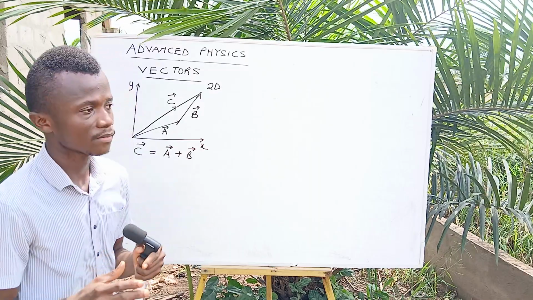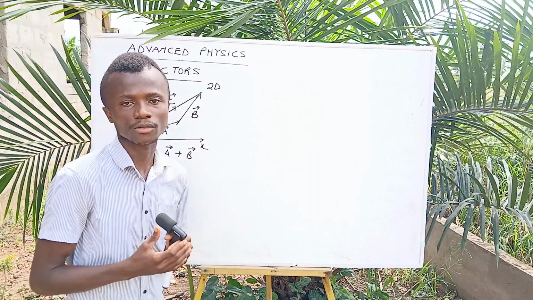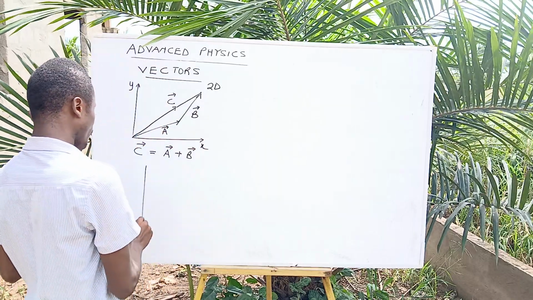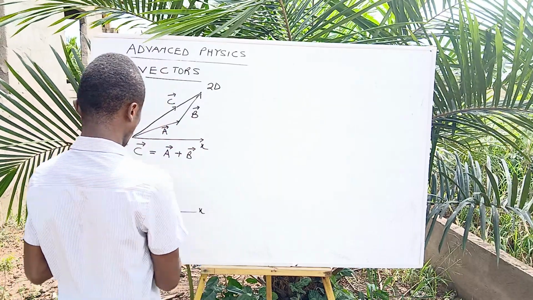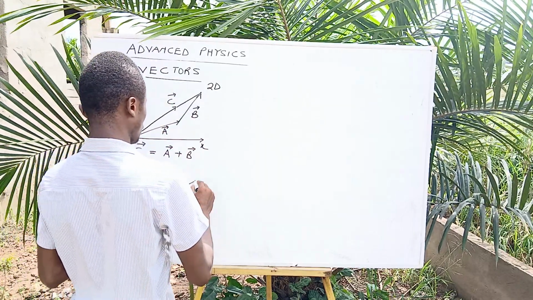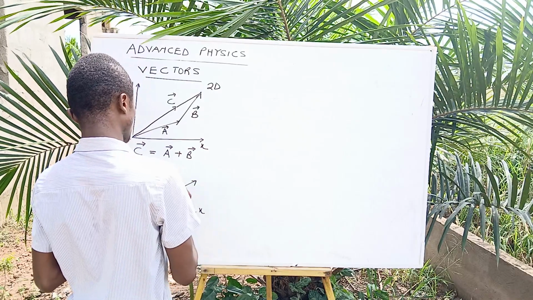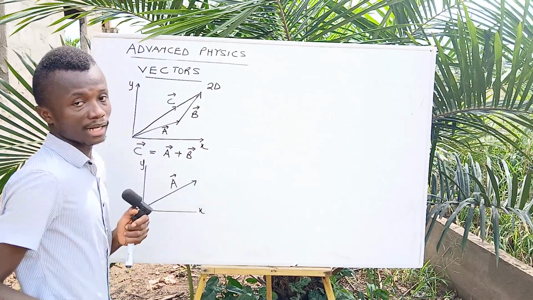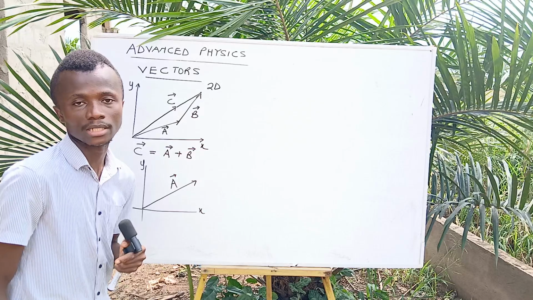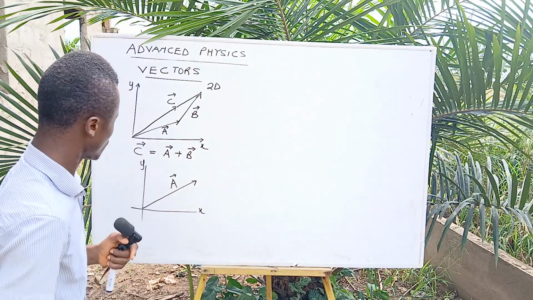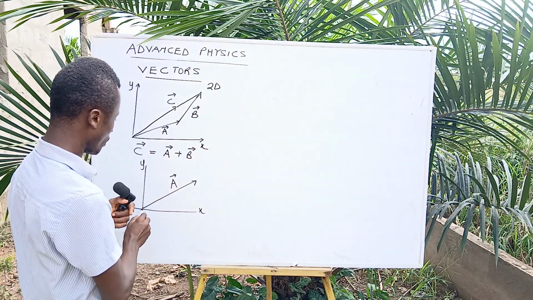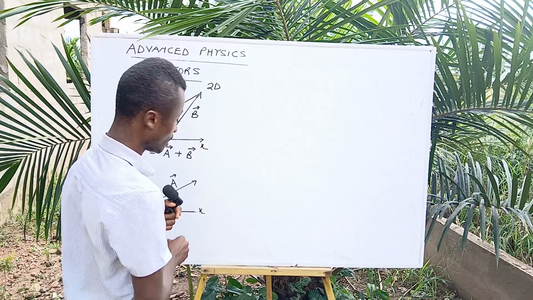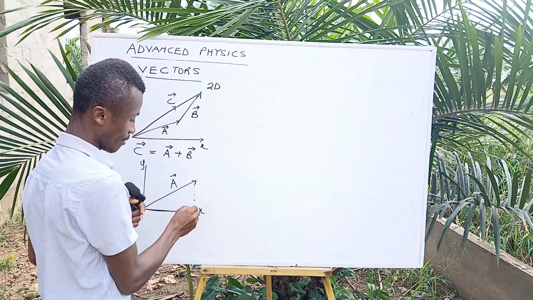Let's describe singular vectors in detail. If we isolate vector A in the 2D plane, we can analyze vector A in so many ways. One, we could see that vector A has a component in the x direction, and of course a component in the y direction.